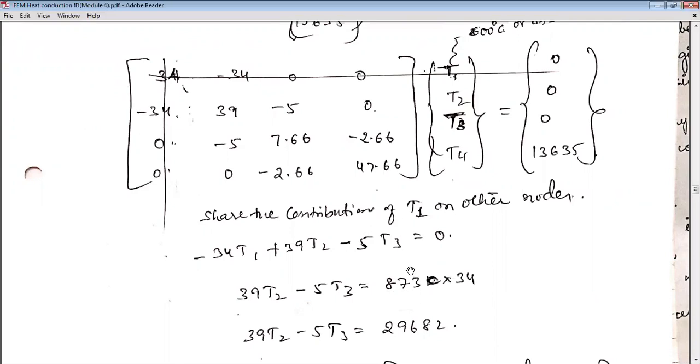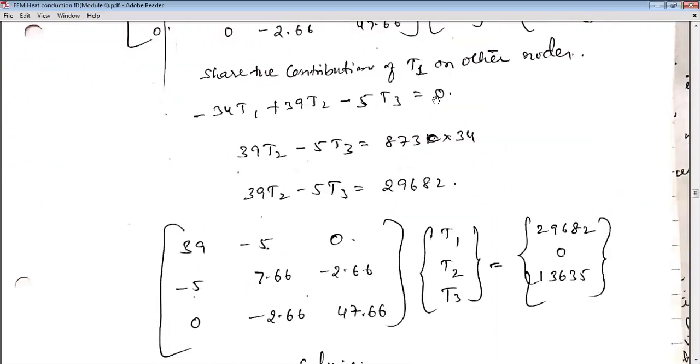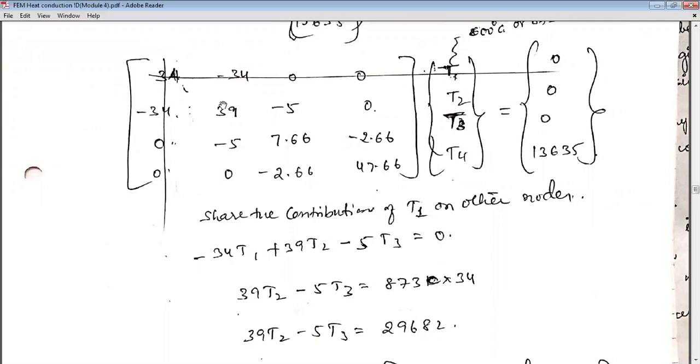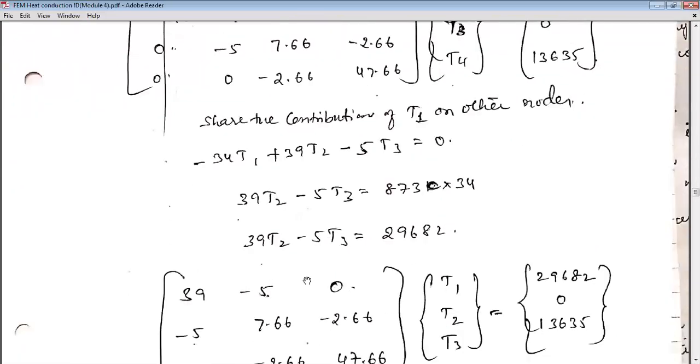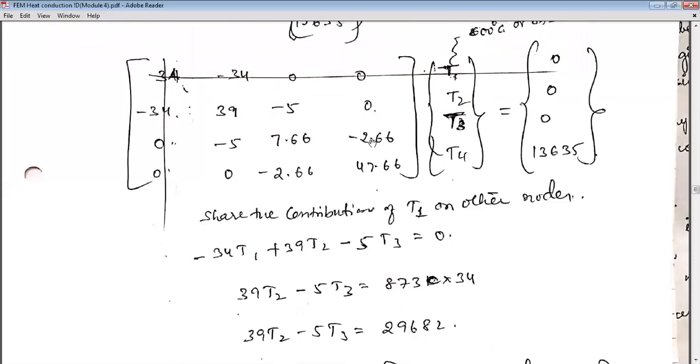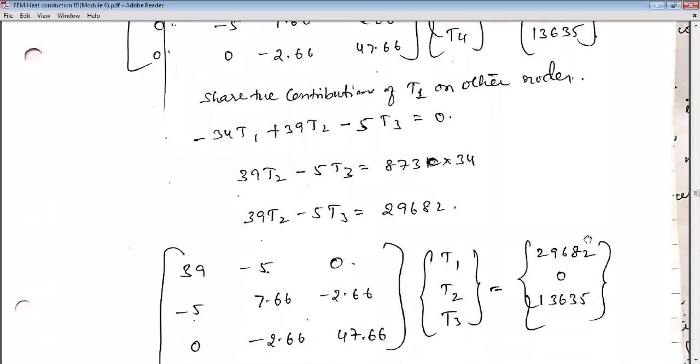This step, students should be very careful whether it is Celsius or kelvins. So add this, multiply this, and get the resultant value. Modify, then you eliminate first row, first column. See, I've eliminated first column, first row is gone, only this row. In that second row, I will write 39 minus 5 T3 is equal to, directly I'll get this 2968.